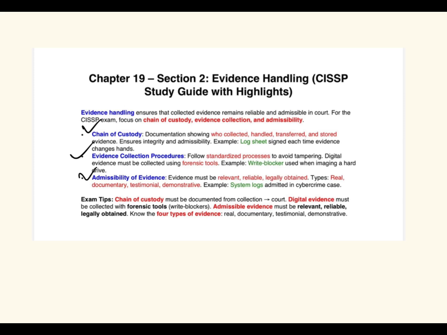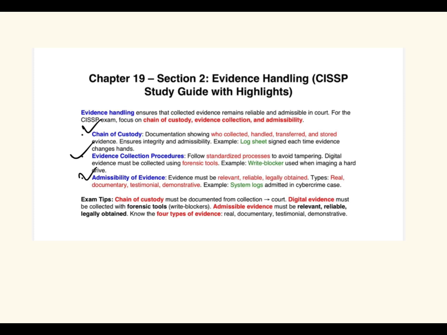Examples are hard drive and logs. Chain of custody is the most tested concept in the CISSP exam: you must document every handoff and use forensic tools, such as write blockers, for digital evidence.